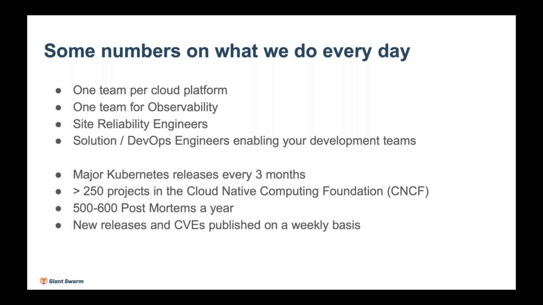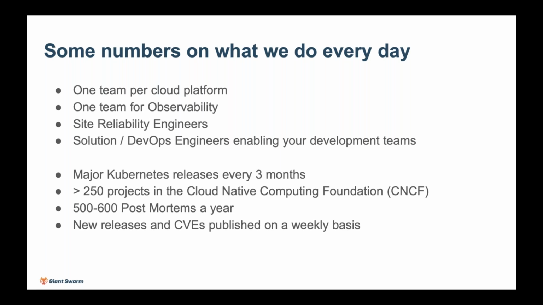That means we've got one for AWS, one for Azure, one for on-prem, and they make sure that the setup is very current, that they constantly extend the cloud platform, make sure everything is nicely integrated, and make sure that new technology is evaluated and potentially replaced.